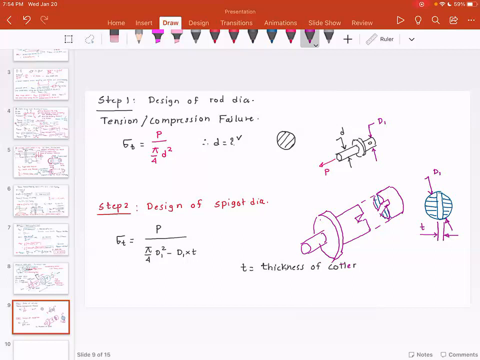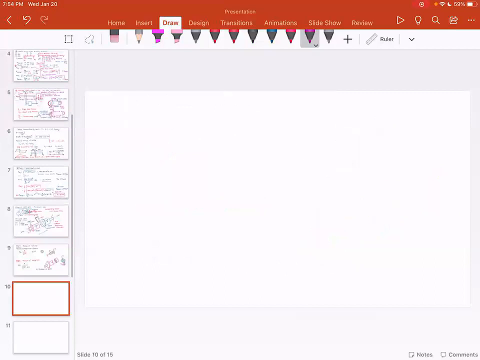For that we go on to step 3. So step 3 is design of quarter thickness.